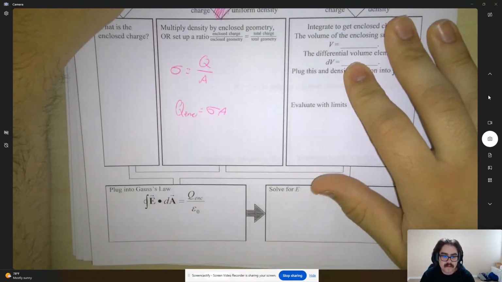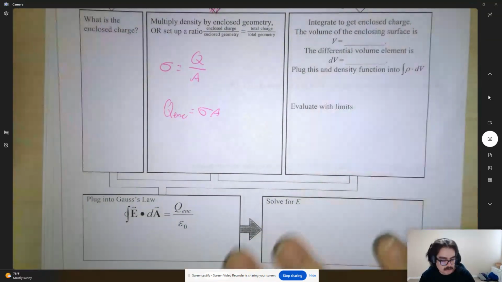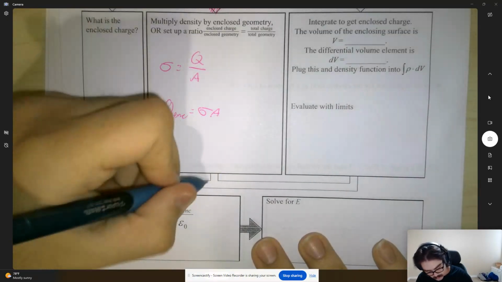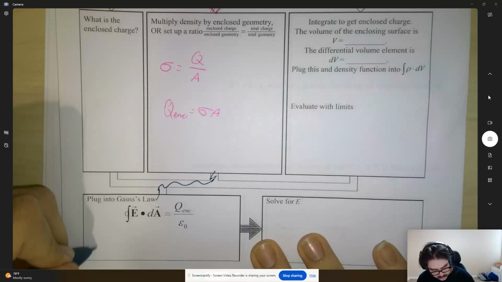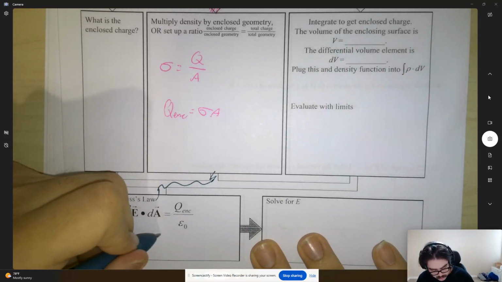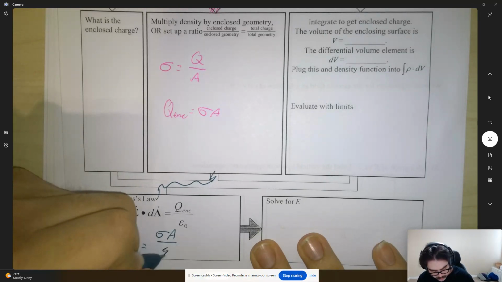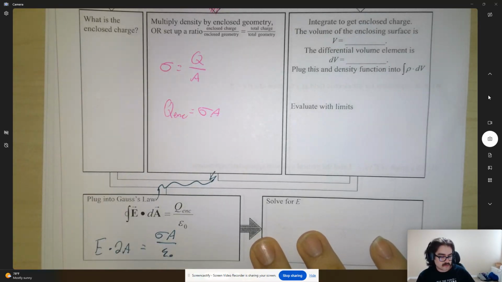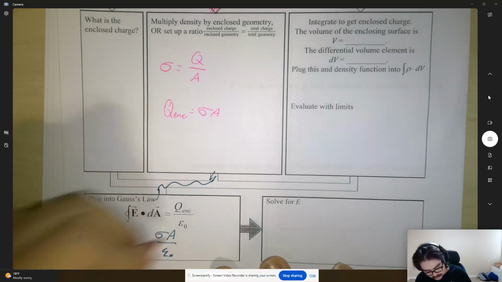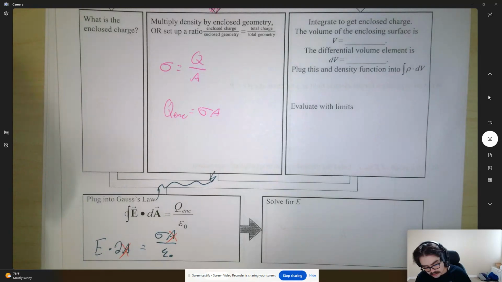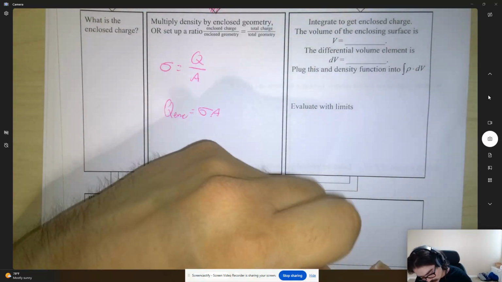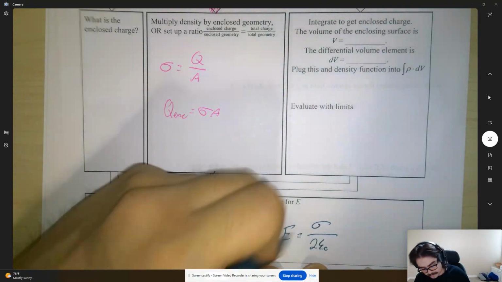So then, when I plug this into Gauss's law, I should see that this ends up just being E dot 2A equals enclosed charge, which is sigma A over epsilon naught. And you should notice that your A's can cancel out, and so you're left with a pretty basic looking equation, which is just E equals sigma over 2 epsilon naught.